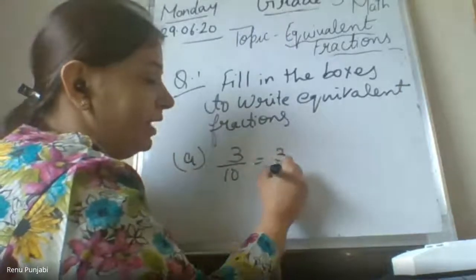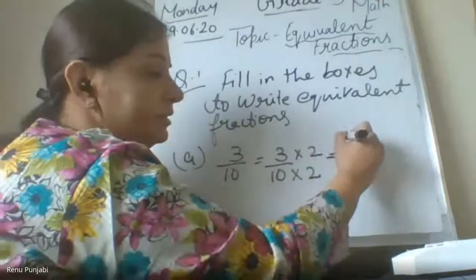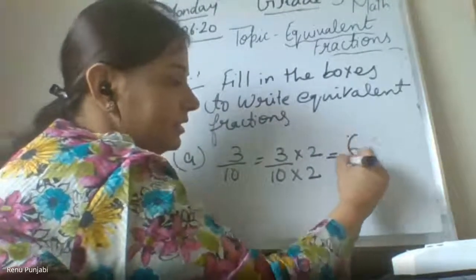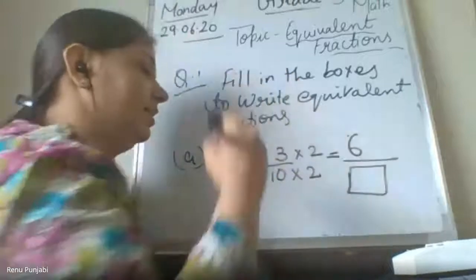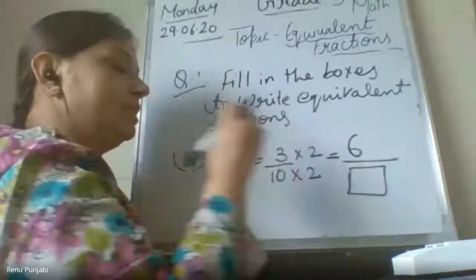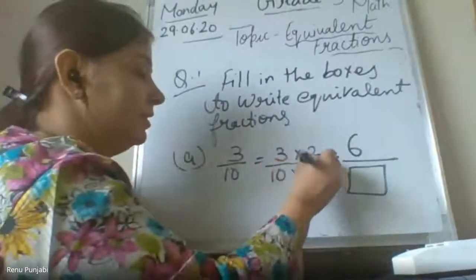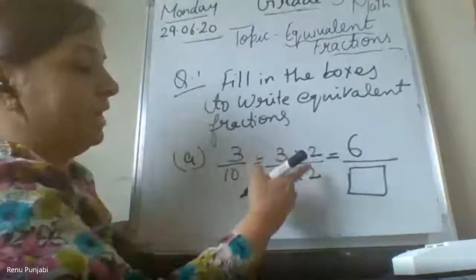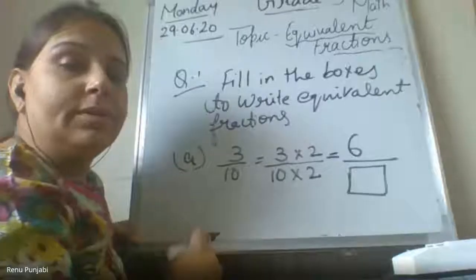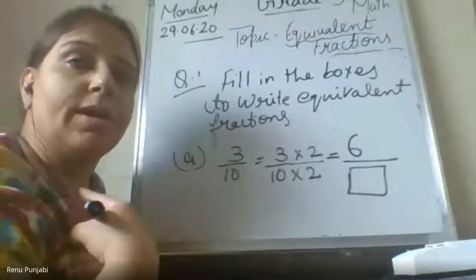We have to write this in the box. See, now this box is blank. As I said, multiply numerator and denominator, and you will get the equivalent fraction. No, my dear, you are not going to just write; you have to understand.